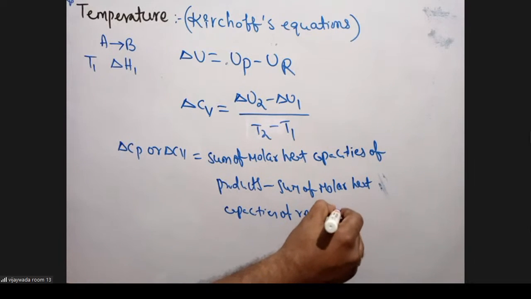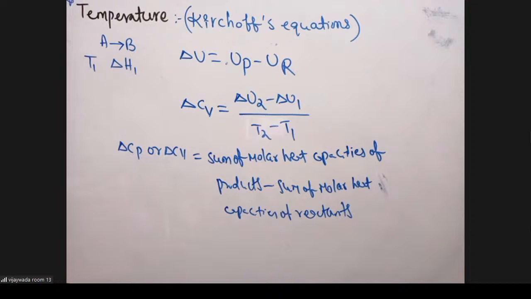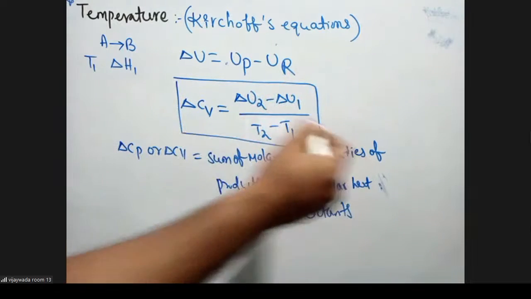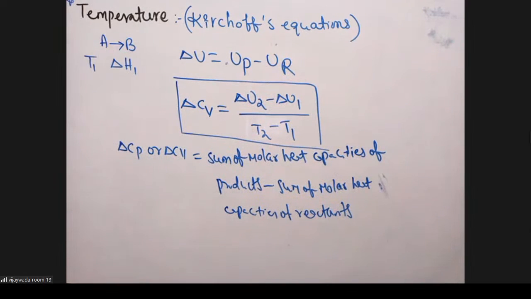Students, in the question they will mention delta Cp directly, or sometimes we need to find it. So don't get confused. So it is the second Kirchhoff law, the Kirchhoff equation.